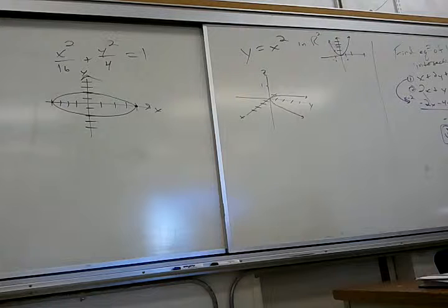I'm not talking about complex numbers here, right? The only answer that works is 0, 0. They both have to be 0 to make that work. So if z equals 0, you get the point 0, 0 in your xy plane.